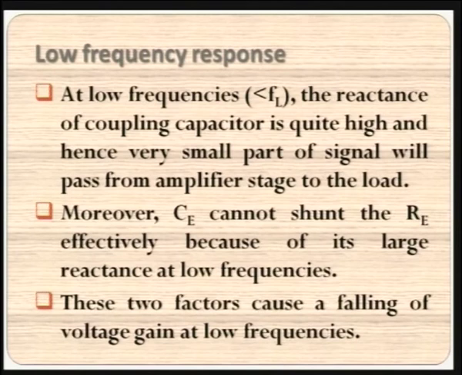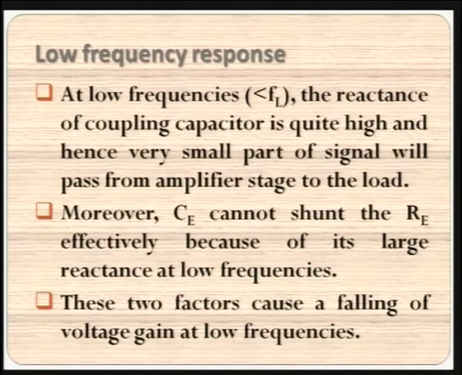As I said, the capacitors have their own effects in allowing the frequency of the signal into the circuit. Let us see how the two capacitors behave for various frequencies that we give. At low frequency, the reactance of the coupling capacitor is quite high, and hence a very small part of the signal will pass from the amplifier stage to the load.